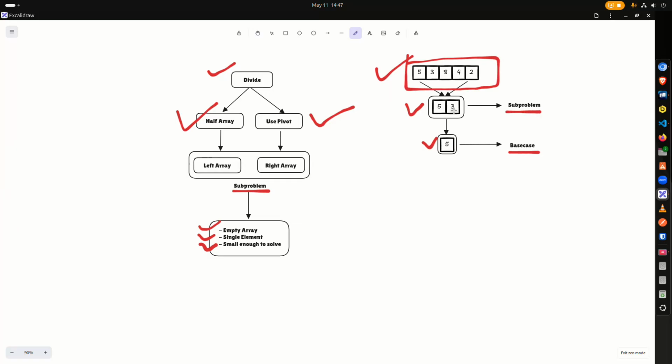And you can further divide that sub problem into a single element, the base case. If you do that, then it's easy for you to solve this problem. So in this case, let's use the pivot technique to divide the array into a sub problem.